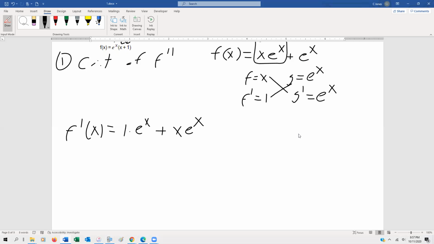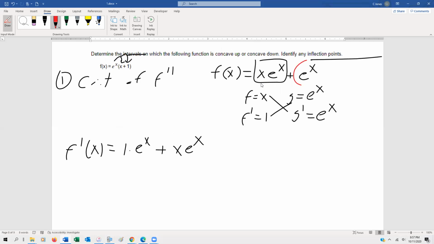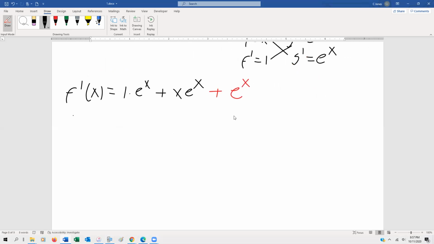They're almost correct, except we can't forget that there was another term in the original function, so we still need another e to the x. Notice we can simplify this by combining like terms: f prime of x is 2e to the x plus x e to the x.